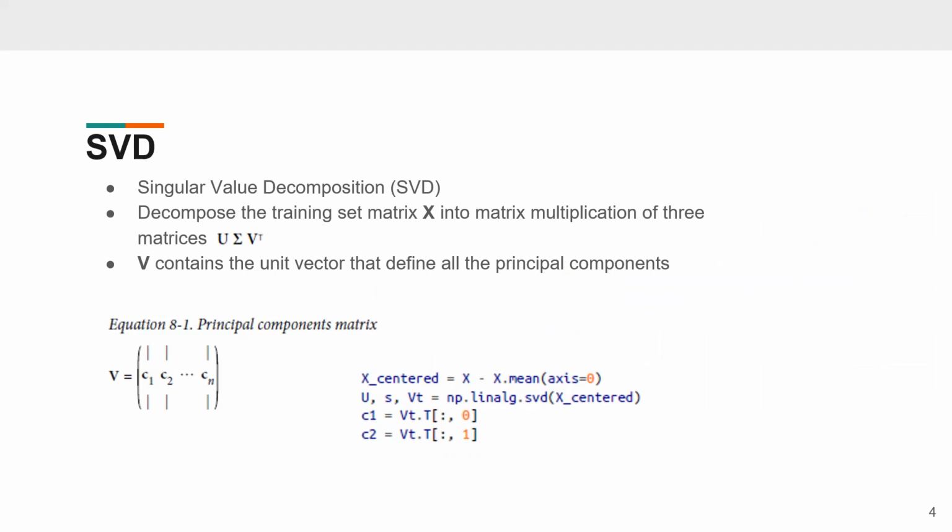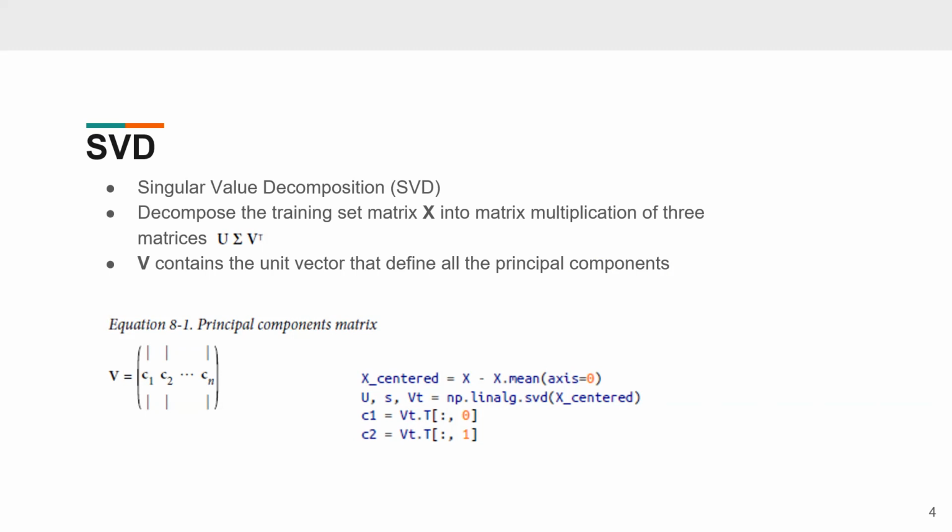So you have to leverage something called singular value decomposition, SVD. SVD comes from linear algebra, and what it essentially says is that you have your original data, and that training set is a matrix, with the number of observations being the rows, and the number of columns being the features or variables that you are going to leverage.